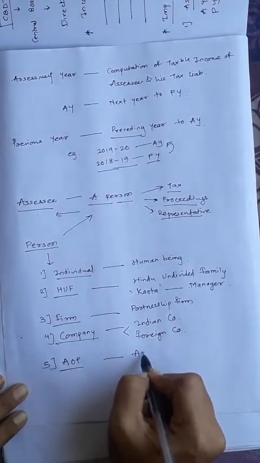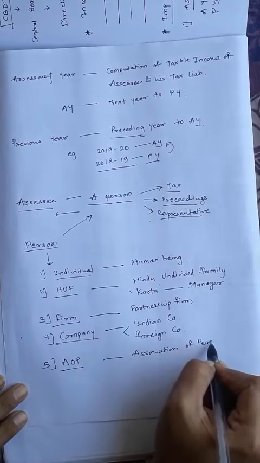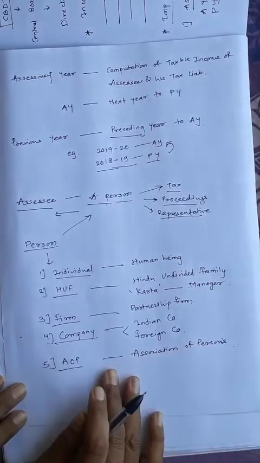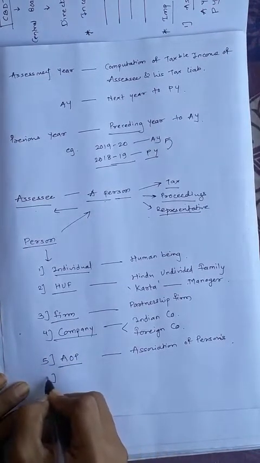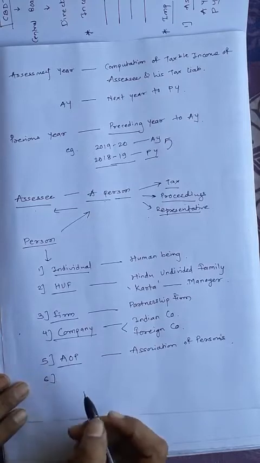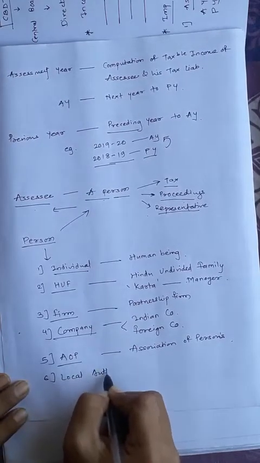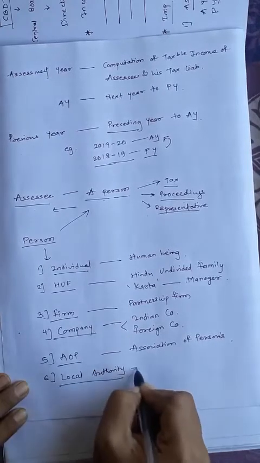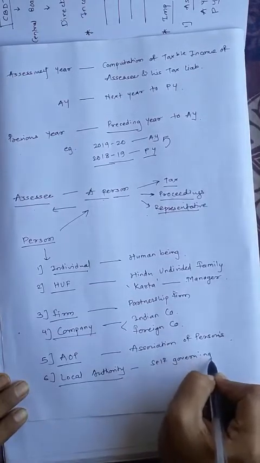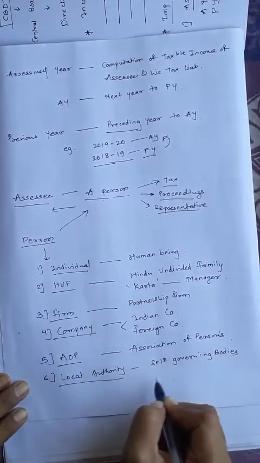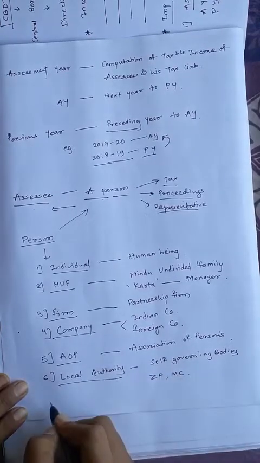AOP stands for Association of Persons, like unions in organizations, labor unions, or All India Medical Association. Then local authority. Local authority means self-governing bodies which include ZPs, Gram Panchayat, municipal corporations, etc.